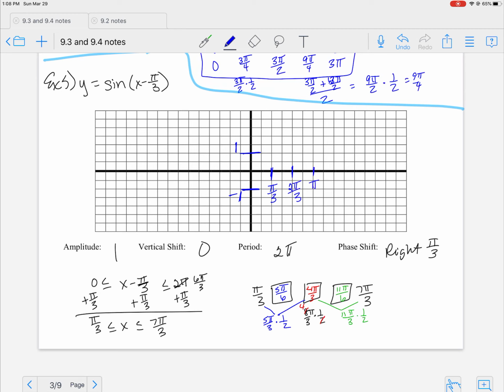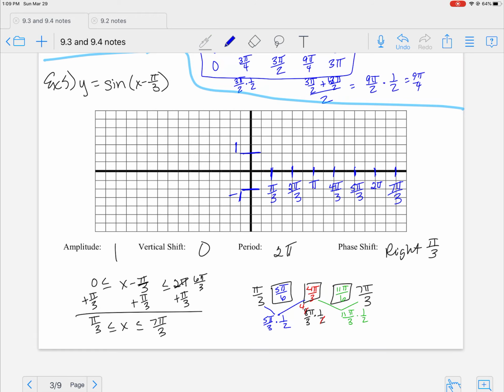But if I make this a pi over 3 here, and then I'm looking at this as 2 pi over 3, 3 pi over 3, which is just pi, 4 pi over 3, 5 pi over 3, 6 pi over 3, which is 2 pi, and then there is that 7 pi over 3, right? So we've just taken this, and you can see how I'm shifting over, and I'm starting at pi over 3, and I'm ending at 1 pi over 3 past that 2 pi.